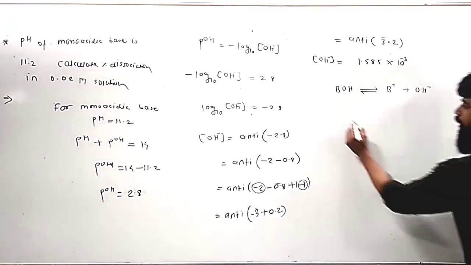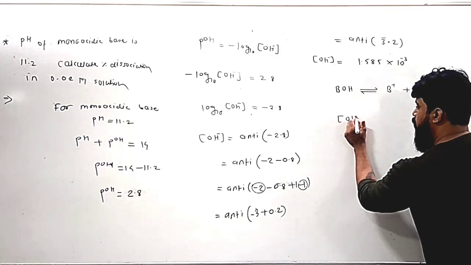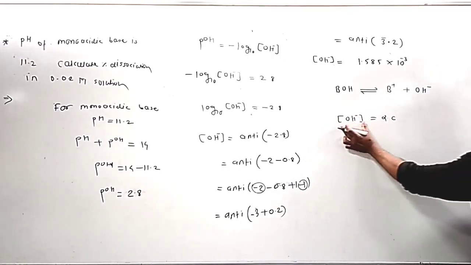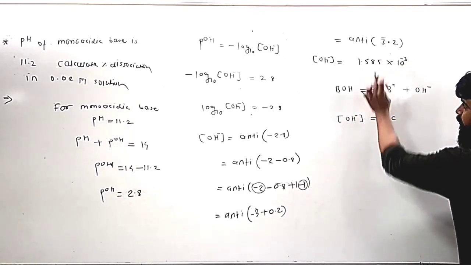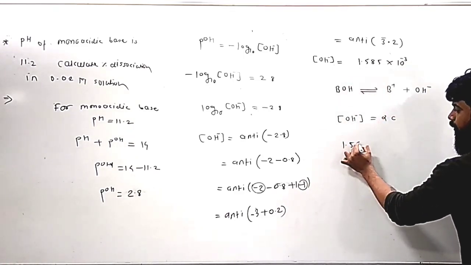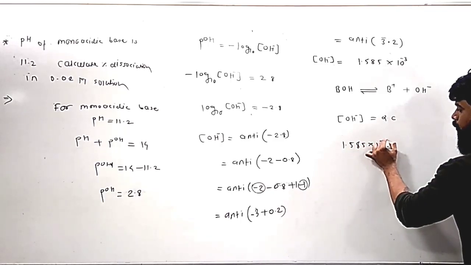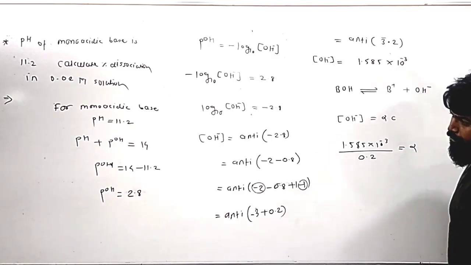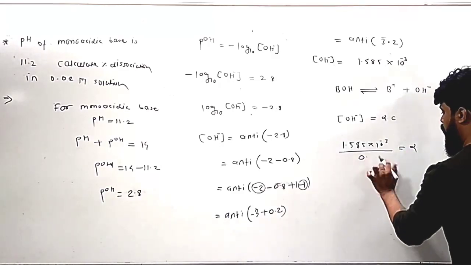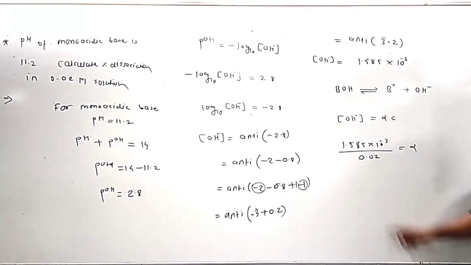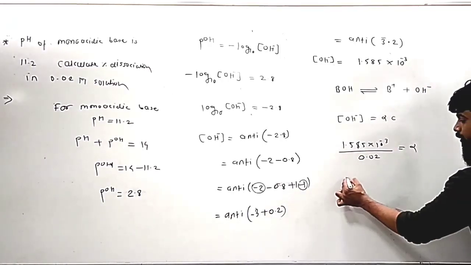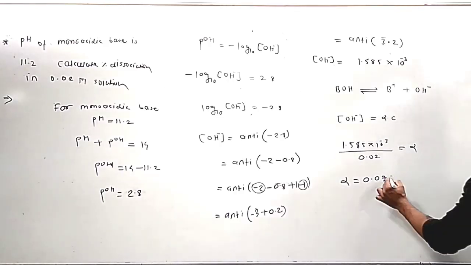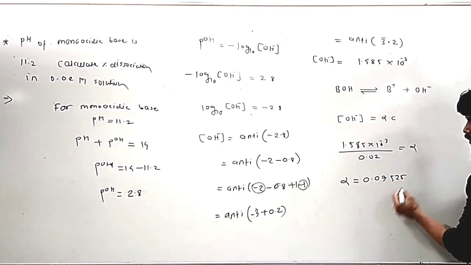So the concentration of OH minus ion is nothing but alpha into C. We know the OH minus ion concentration is 1.585 into 10 raised to minus 3, divided by the concentration 0.02, equal to alpha. So by solving this equation, we get alpha equal to 0.07525.